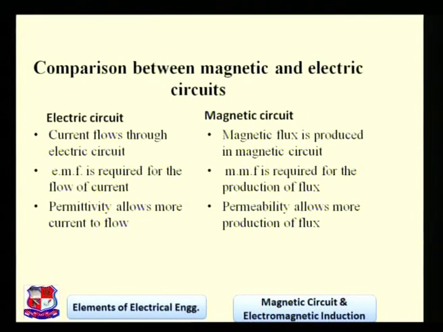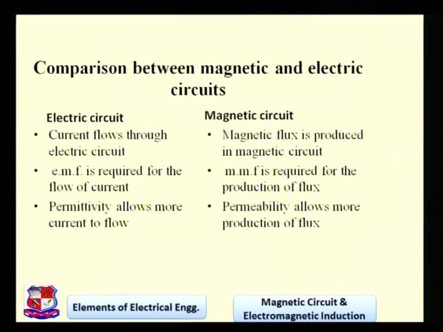The third similarity is that permittivity allows more current to flow in an electric circuit. It means that if the electric circuit has more permittivity, then more current will flow through the circuit. And in a magnetic circuit, if the permeability of the magnetic material is more, then it will produce more flux.